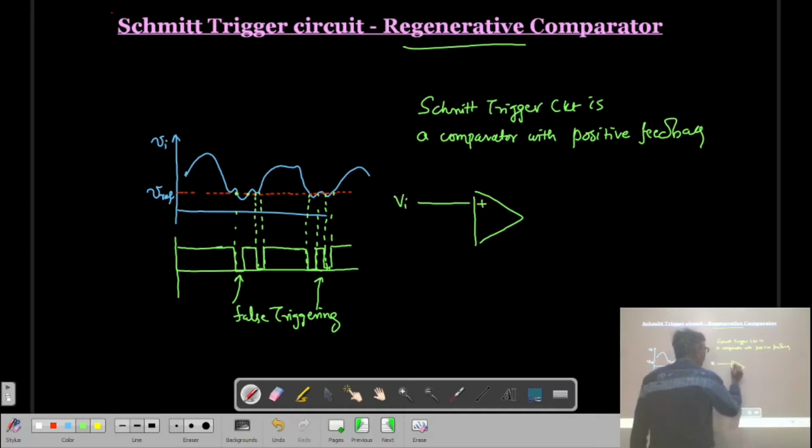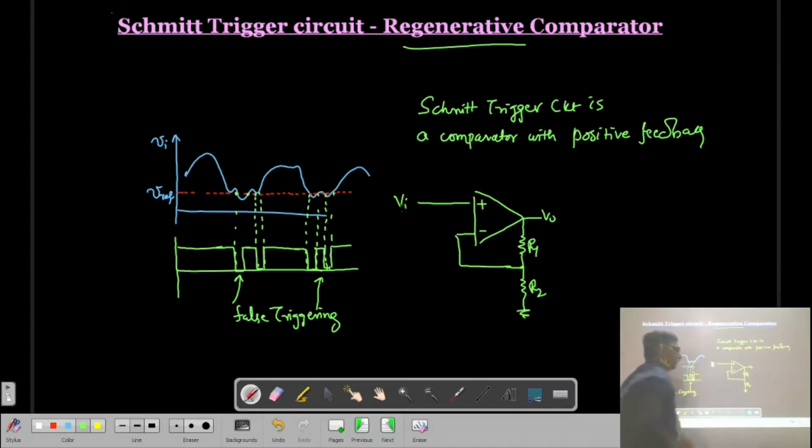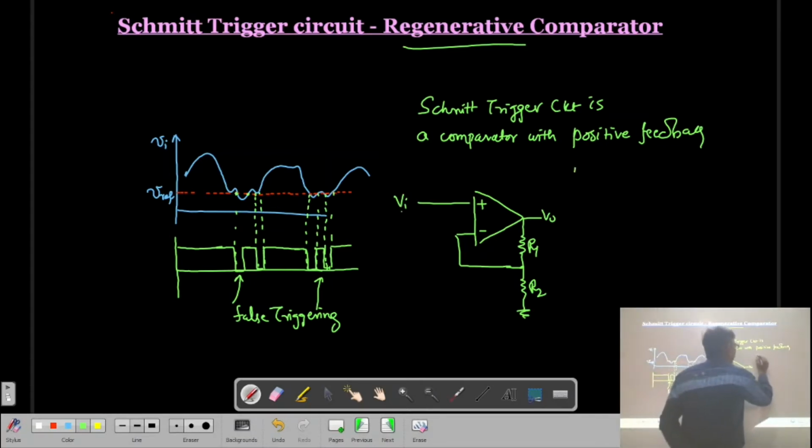We apply positive, and here we have a feedback resistance, like this. This one is R1, this one is R2, and this is my output voltage. We apply the input voltage. This is nothing but a non-inverting amplifier.